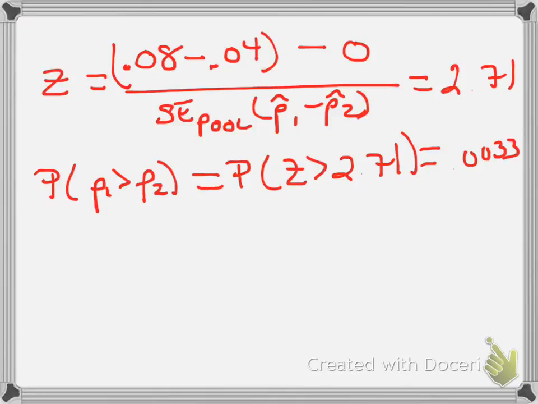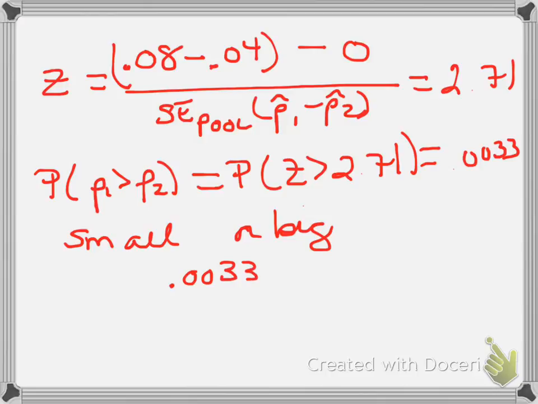All right, and so I'm going to look here, and it doesn't give an alpha. So when they do not give an alpha, you're going to ask yourself, is my p-value small or is it big? Okay, so let's look at this number here, 0.0033. Typically, the lowest alpha we would use is 0.01, and the biggest alpha we would use is 0.10.